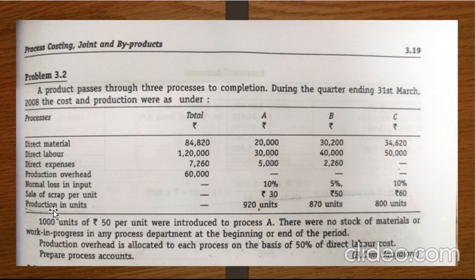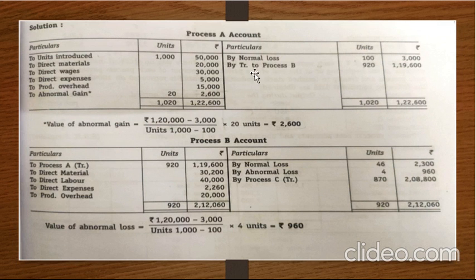Then they have stated production in units. So for A, production in units is 920 units. So the input was 1,000 units, but the production they have done in A is 920 units. So the output, that is production in units, means A is produced and has an output of 920 units. So here we will consider it as transfer to B.